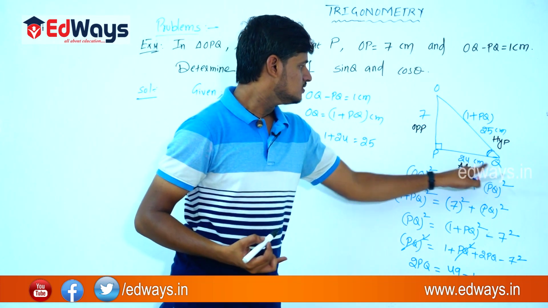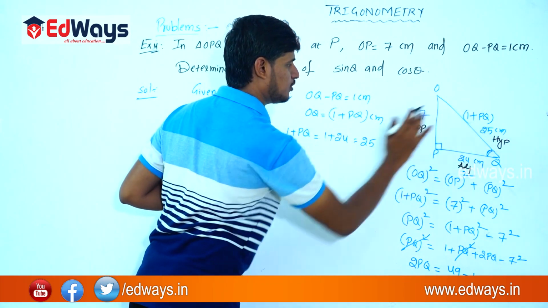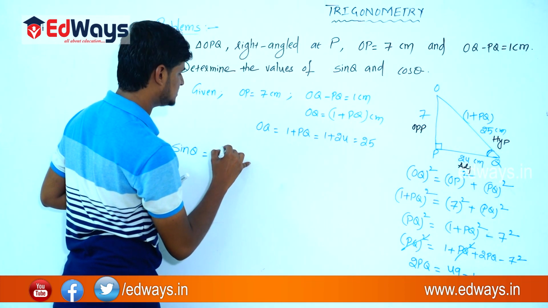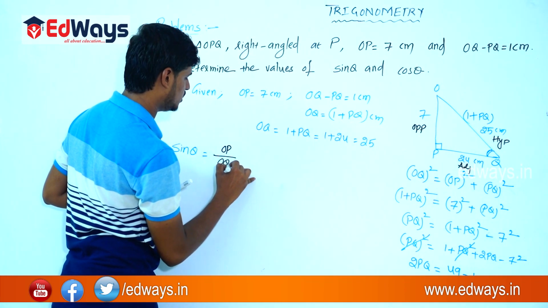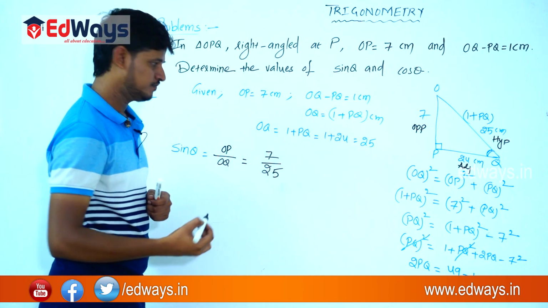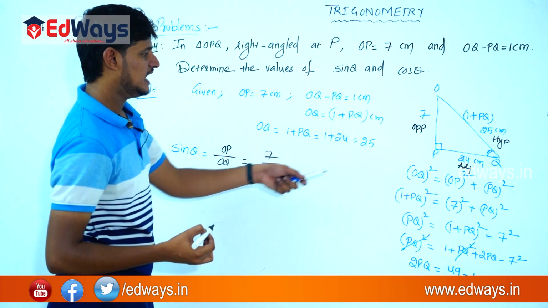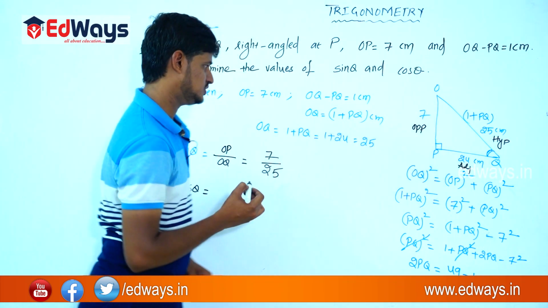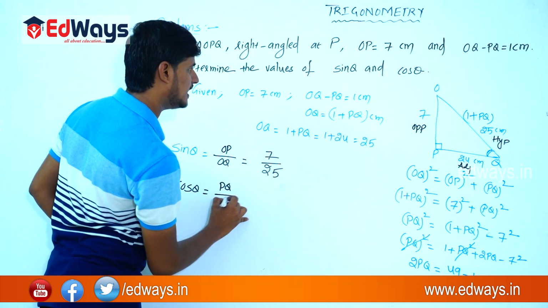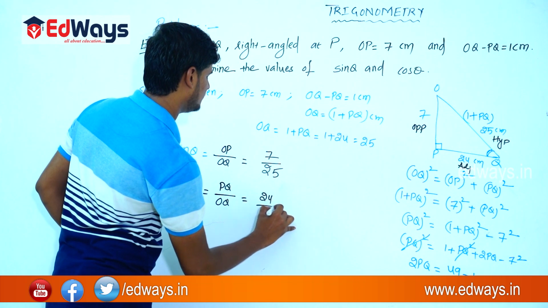Sin Q is opposite by hypotenuse, which is OP by OQ, equal to 7 by 25. Then cos Q is equal to adjacent by hypotenuse, PQ by OQ, which is 24 by 25.